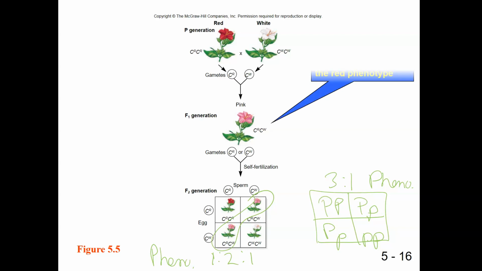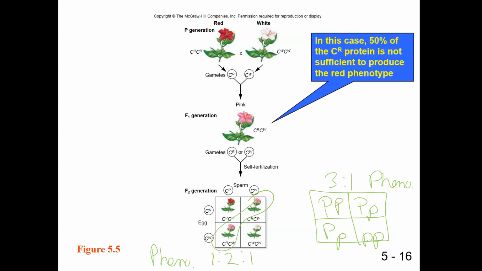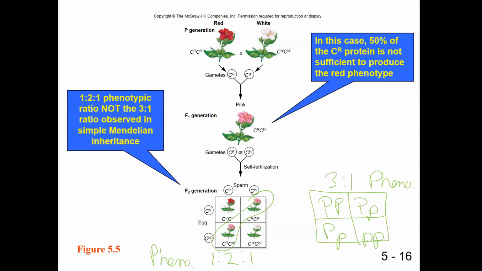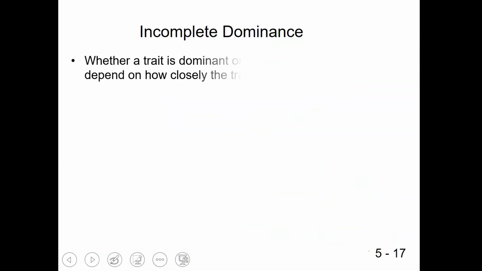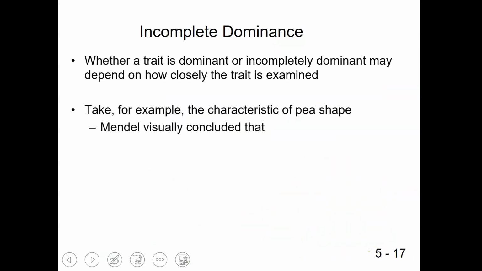Red and white give you pink. So 50% of the CR protein is not sufficient to give you a red phenotype. It gets diluted and looks pink. A 1-to-2-to-1 phenotypic ratio is not the 3-to-1 ratio that we saw over here, like I mentioned. Therefore, we call that intermediate dominance.